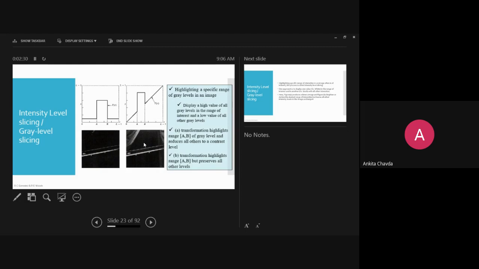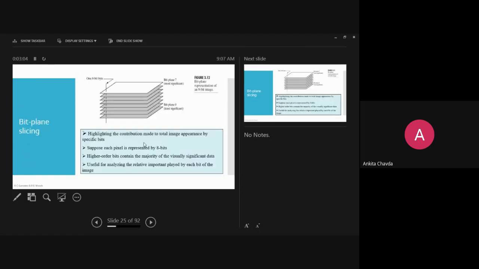The other things will be much darker, and the part where we are interested will be highlighted. In the second option, you are not changing the other part at all, and wherever you are interested, you are brightening it.